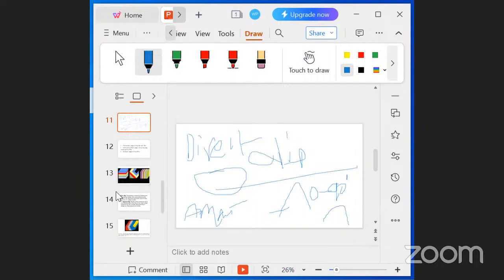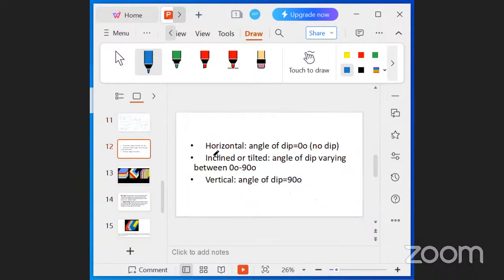So now the deposition of the beds, you see here, can be horizontal, inclined or tilted, and vertical. Right? So the deposition of the beds can be classified into horizontal, inclined or tilted, or vertical.